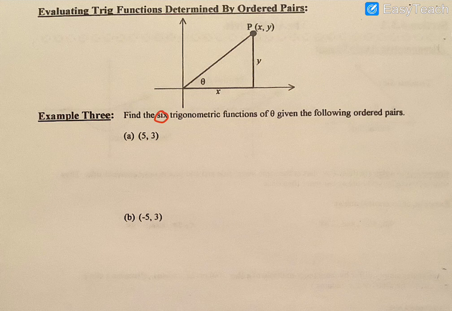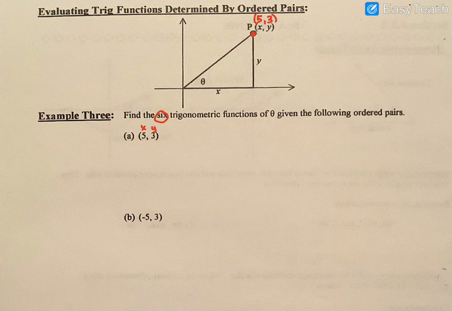One thing to consider: the order in an ordered pair is always x, y. Thus, 5 is my x value and 3 is my y value.